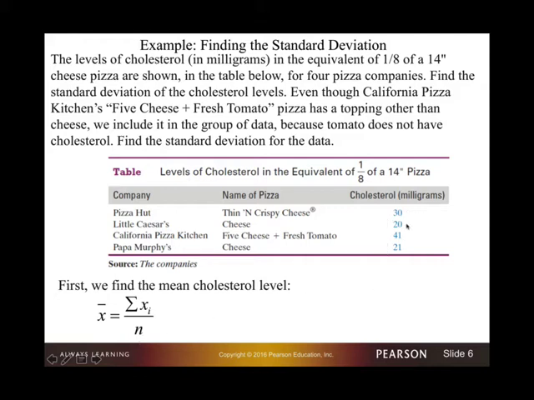We have 1, 2, 3, 4. Use your calculator to see what you get for the mean of the cholesterol level. You should get 28. So the first step to finding the standard deviation is to find the mean, and the mean is 28.